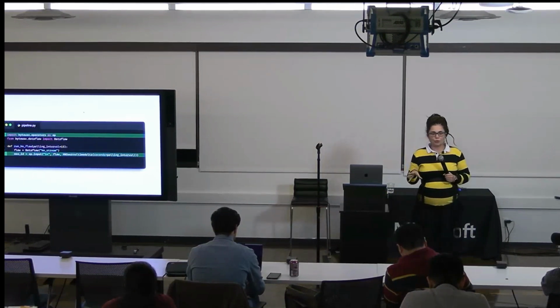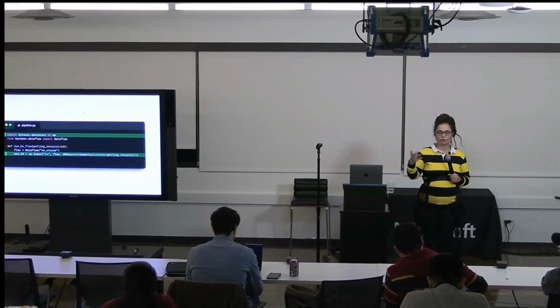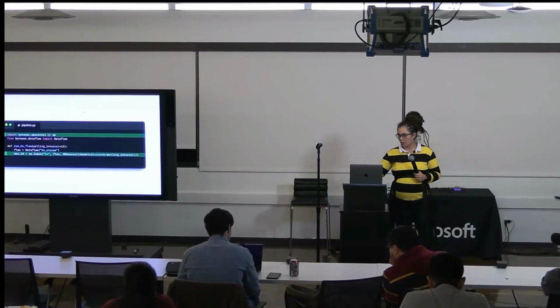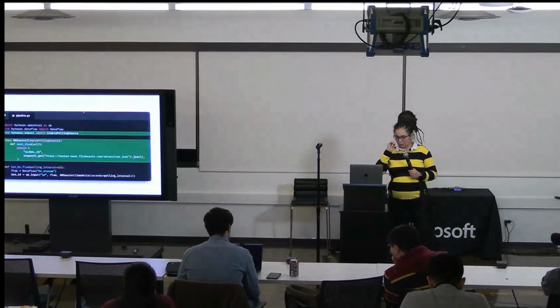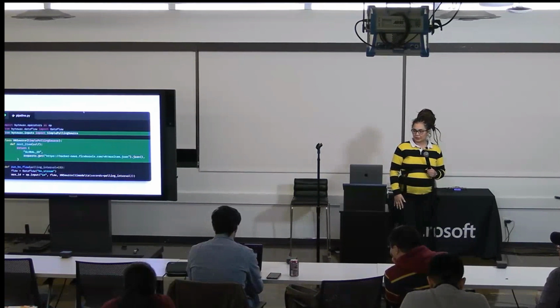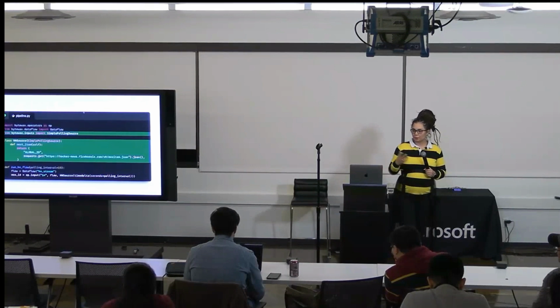Here, I'm initiating this dataflow with the input source. I wrote a little class here, which is basically a simple polling source, and I gave it the URL to poll, and we're going to poll it every 15 seconds.